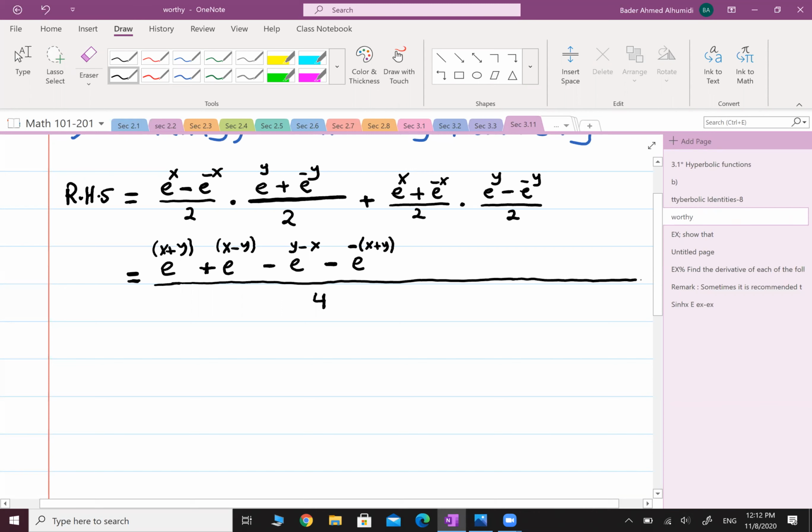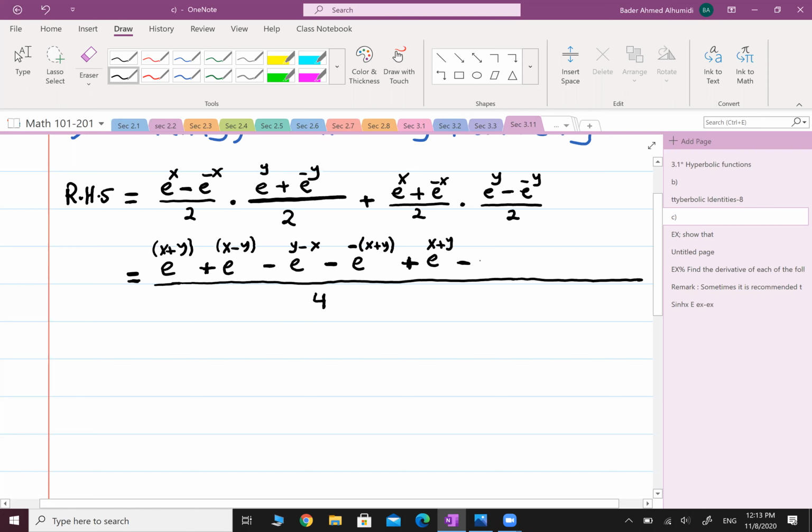Any question before I go to the second term? I finished the first one. I finished multiplying the first two quantities together. If you have any question, please, or I move to the second one. Plus, e to the power x times e to the power y, that will give me e to the power x plus y, that's the first one.